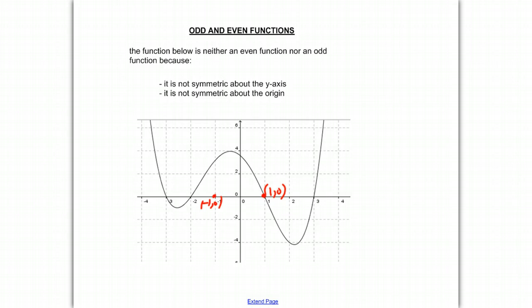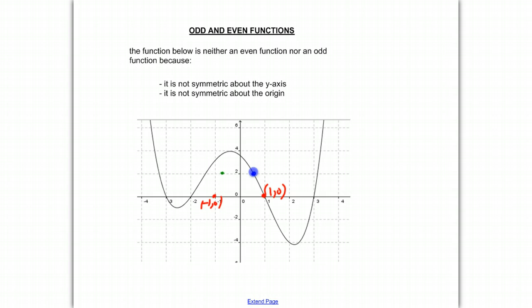Now let's examine to see if it's symmetric about the origin. Well, if it's symmetric about the origin, then if we were to take any point on the graph and reflect it across the x-axis and y-axis, it would also be on the graph. Most points on this graph will not be symmetric about the origin. So for example, if I were to pick this point right here, if this were symmetric about the origin, then if I reflected it across the y-axis, it would end up somewhere around here.